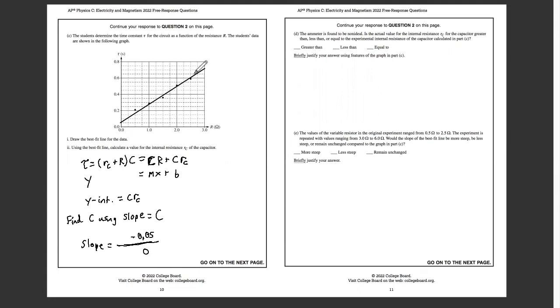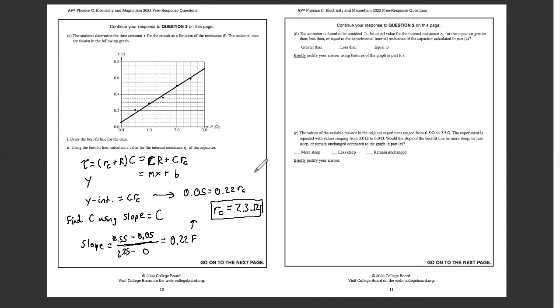I have a little bit more control over it. The second point is 2.25 for the resistance and 0.55 for the time constant. That ends up getting me a value of 0.22 farads. So plugging that in, I find that the y-intercept, which is 0.05, is going to equal 0.22 farads times r_C. So therefore, r_C is going to be 2.3 ohms.